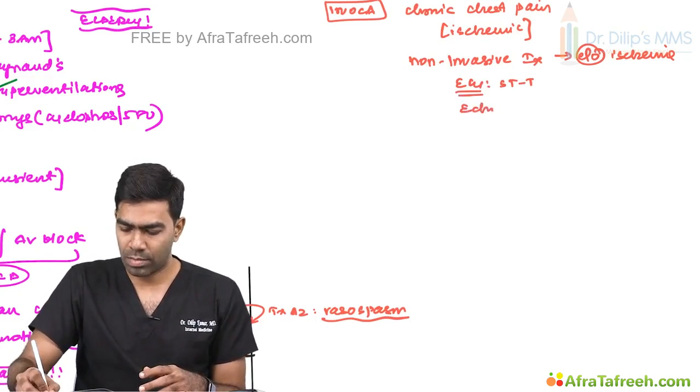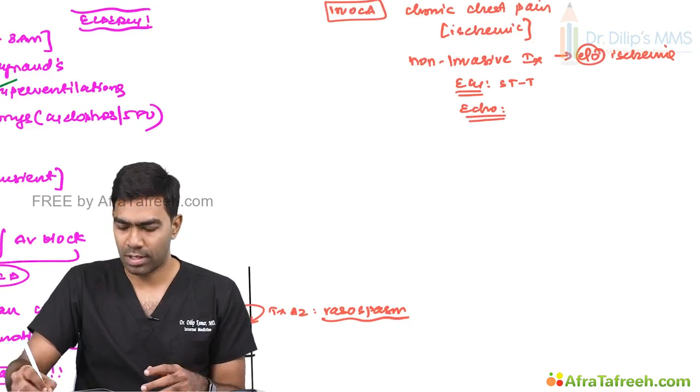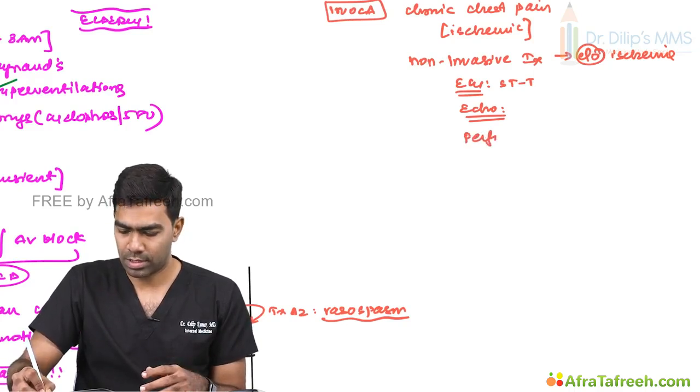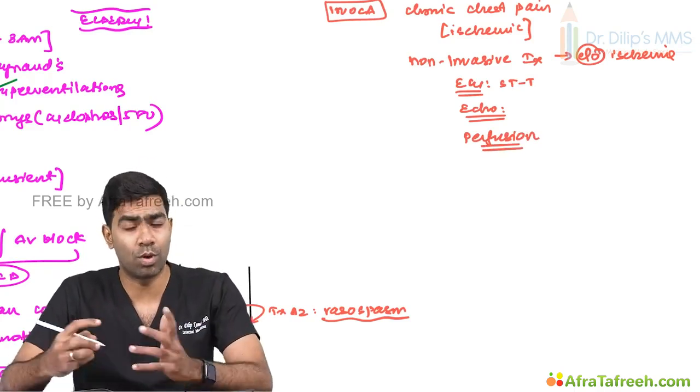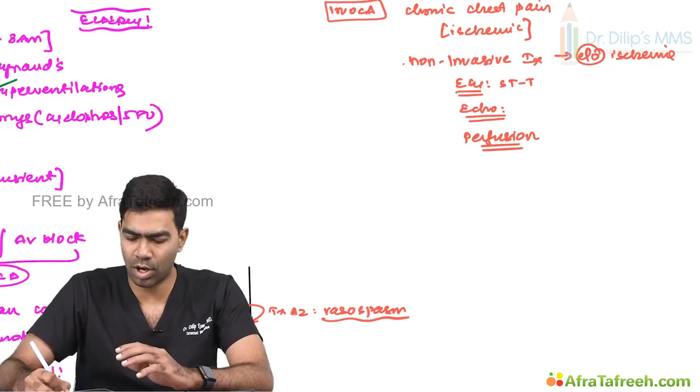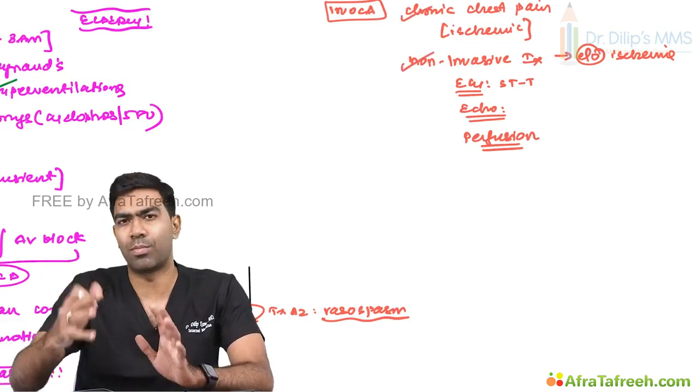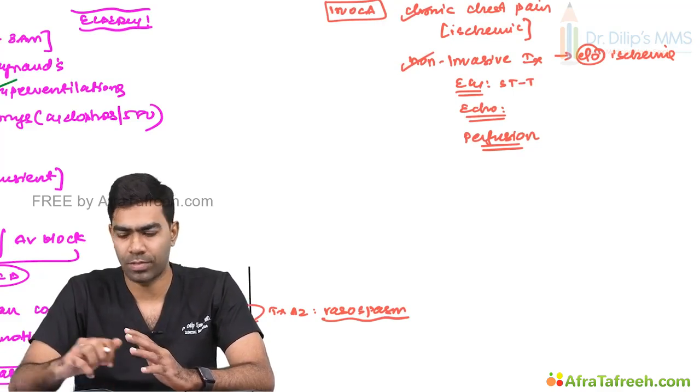Or echocardiogram can show some abnormality, or perfusion scans can show poor perfusion to a particular myocardial area. So non-invasive investigations are showing some problem. Evidence of ischemia is there.